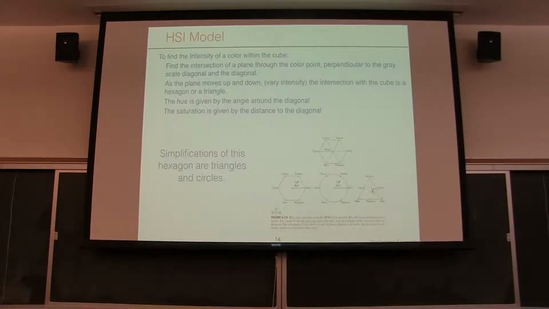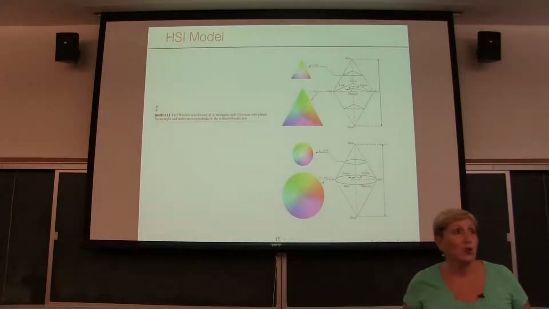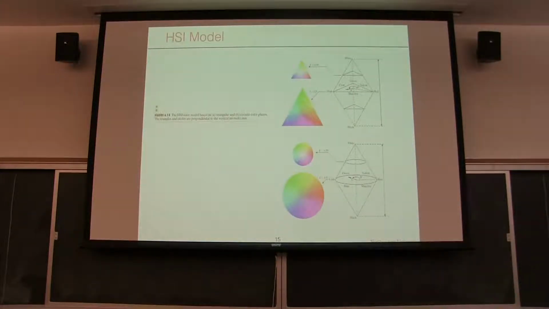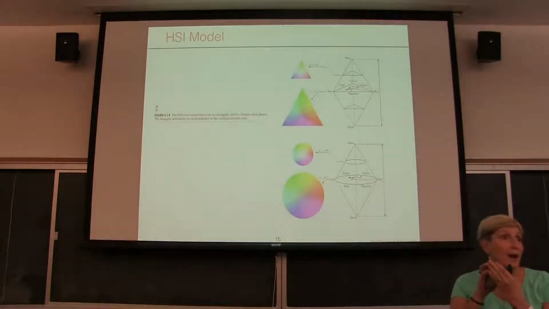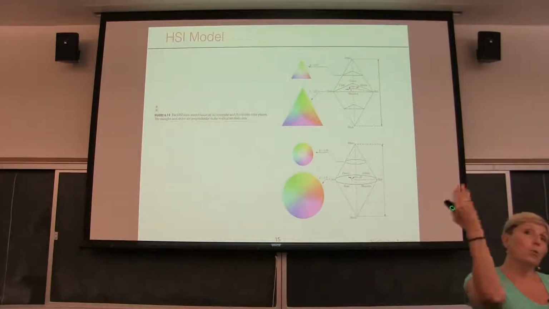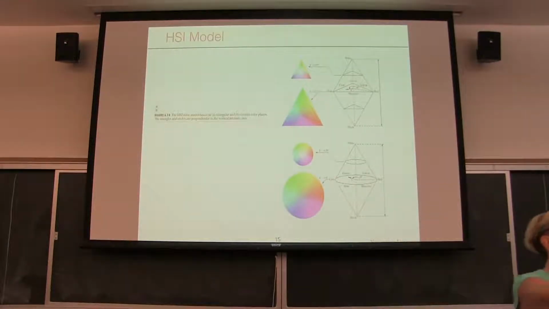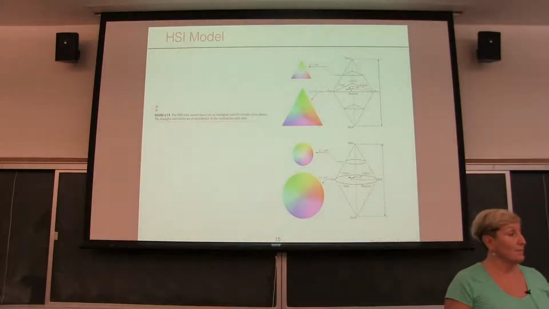No? All right. What this does is take those circles or triangles and make clear that we have different levels of intensity. When I showed you that hexagon, I had collapsed my diagonal into a single point, but the diagonal is long, and depending on which level I am cutting the diagonal, I have different amounts of intensity.